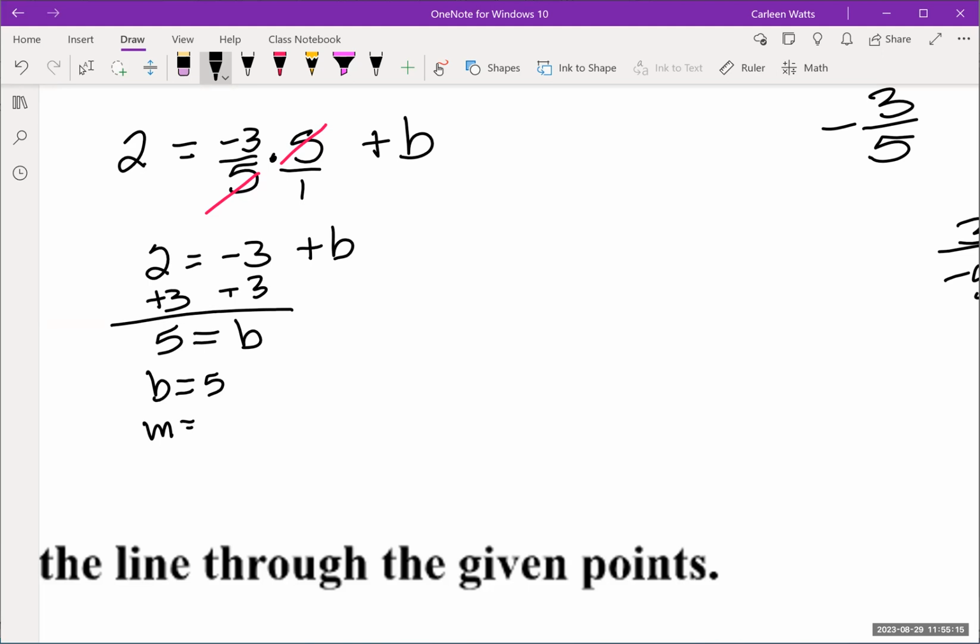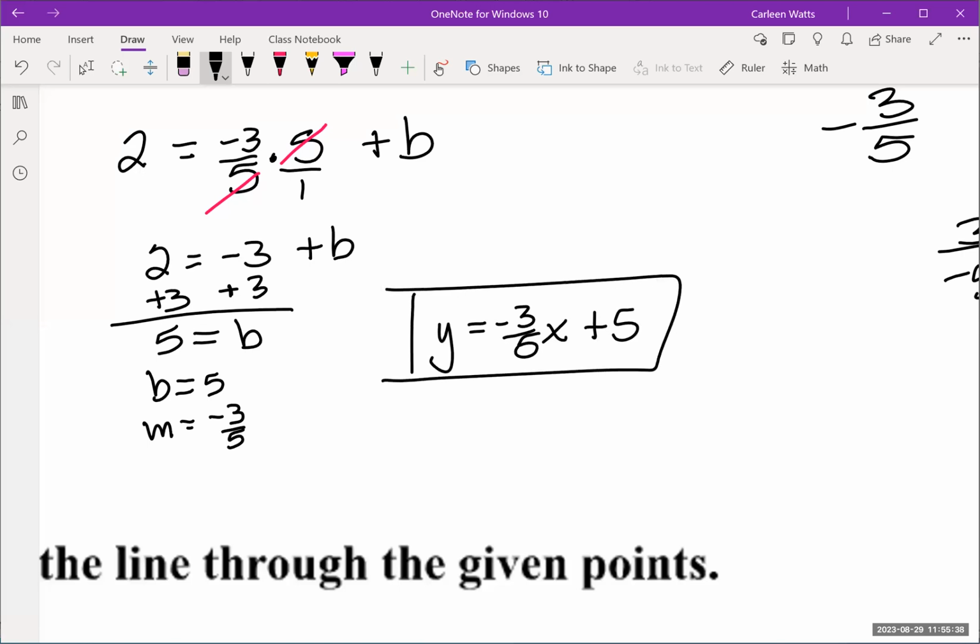And m is -3/5. y equals -3/5 x plus 5. Do my 5s. Are we done?